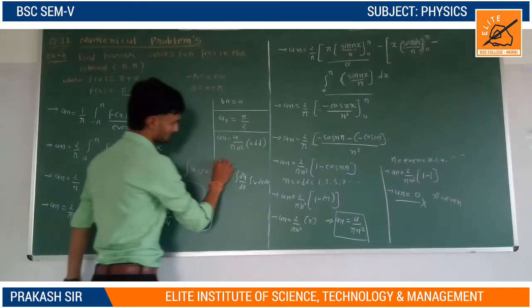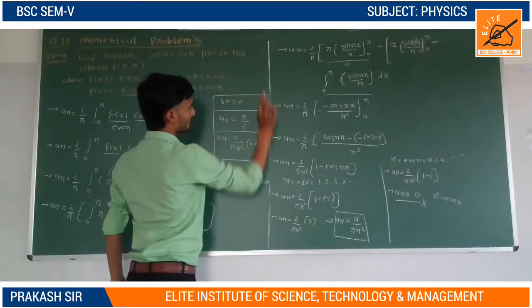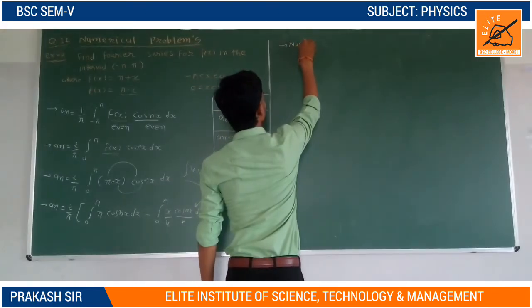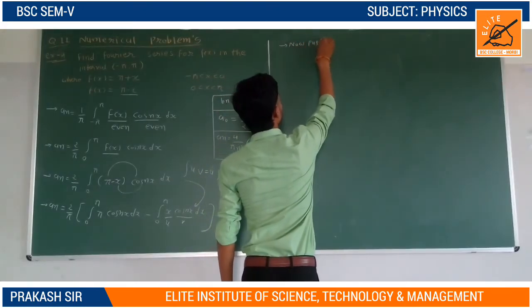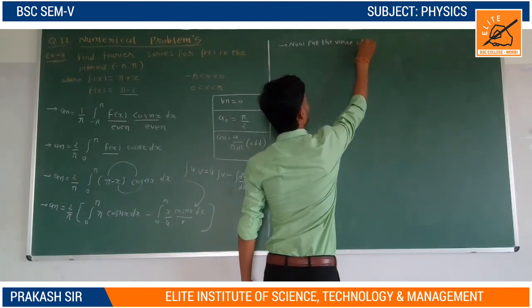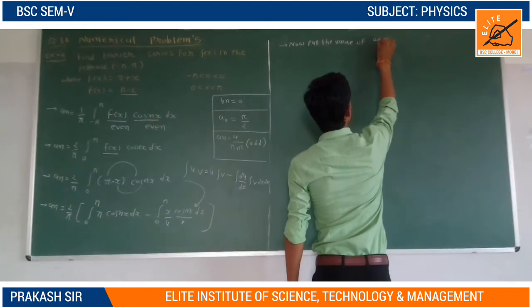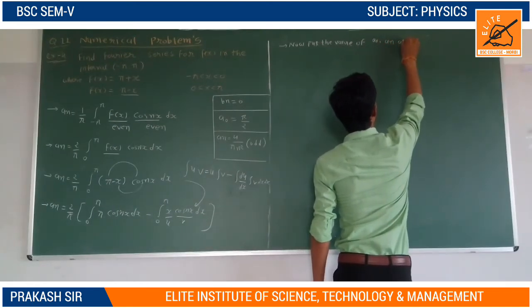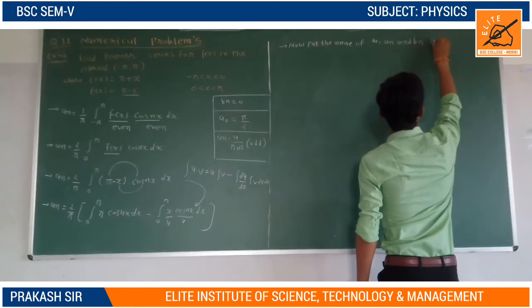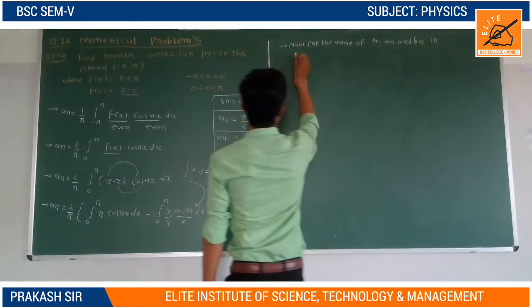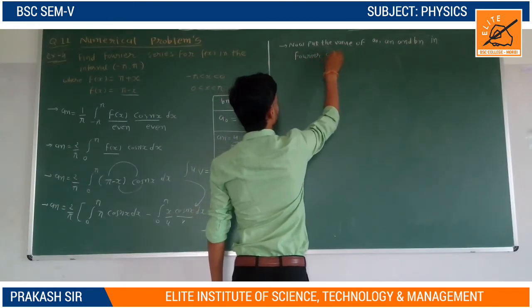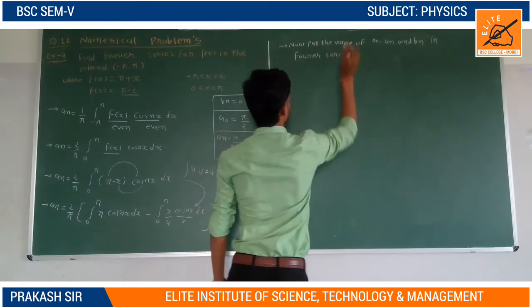Now put the values of a0, an and bn in the Fourier series.